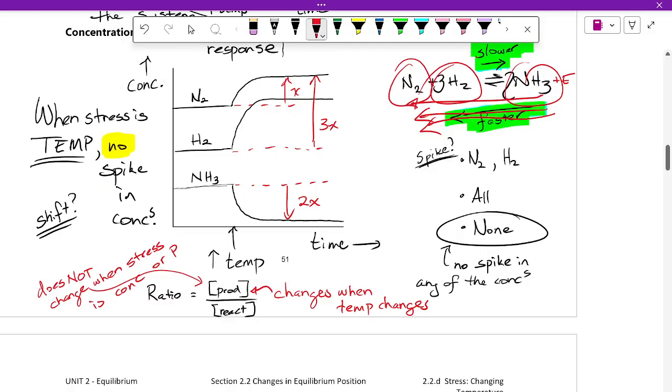That ratio does not change when the stress is concentration or pressure. The system shifts to make the ratio go back to where it was.